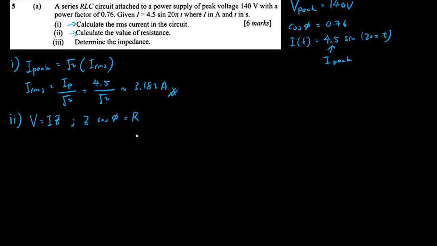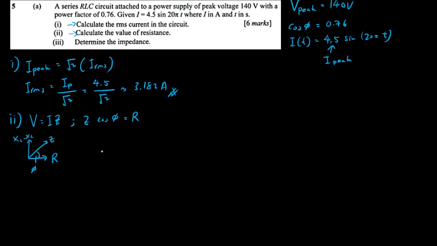Okay, so put it in a diagram. I can have R, and then I can have XL minus XC here, and then I have my Z over here, in a phasor diagram, that is. Can have phi between them. So this is the relationship that you sort of have to know.